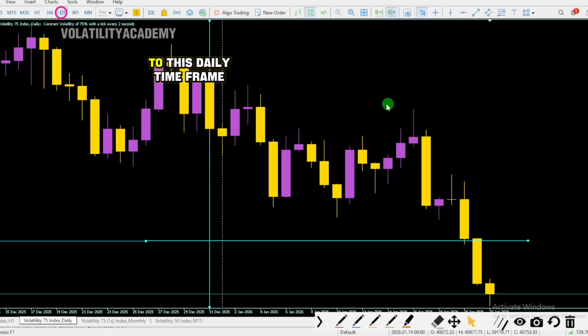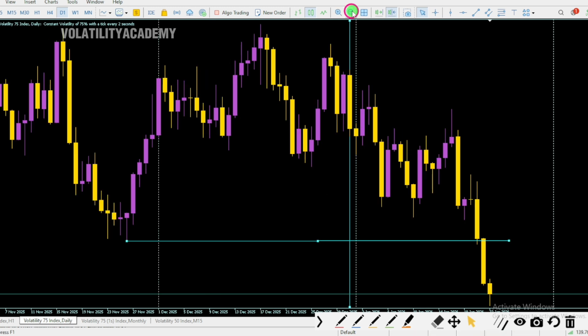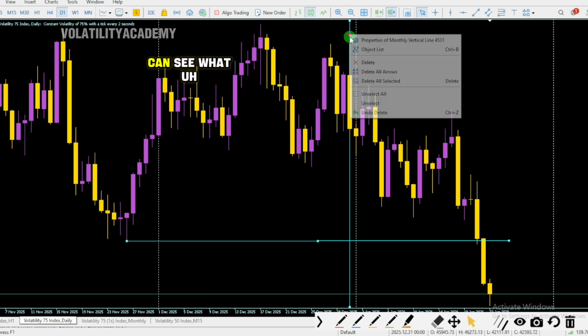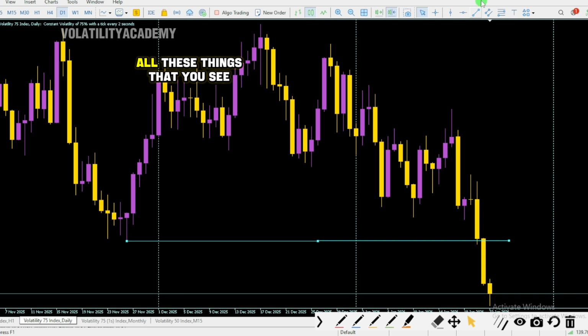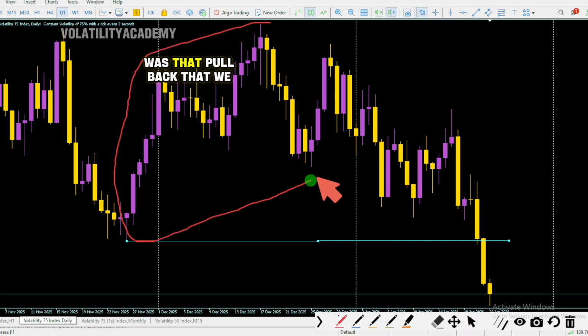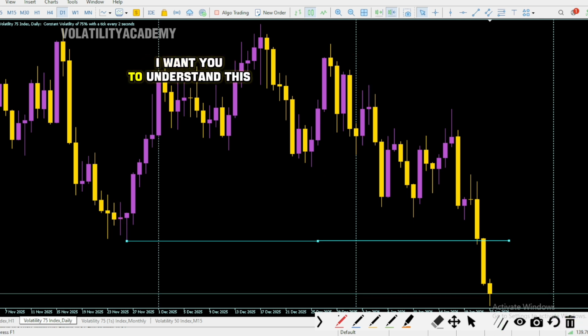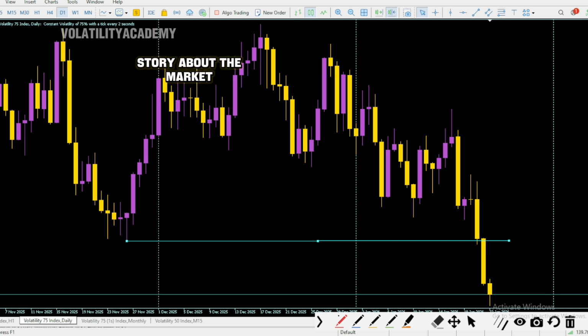So let's go ahead to the daily time frame. On the daily time frame, you can see all these things that you see here was that pullback that we had on the weekly time frame. I want you to understand this market. You should be able to look at the market and be able to tell a story of what is actually happening in the market.